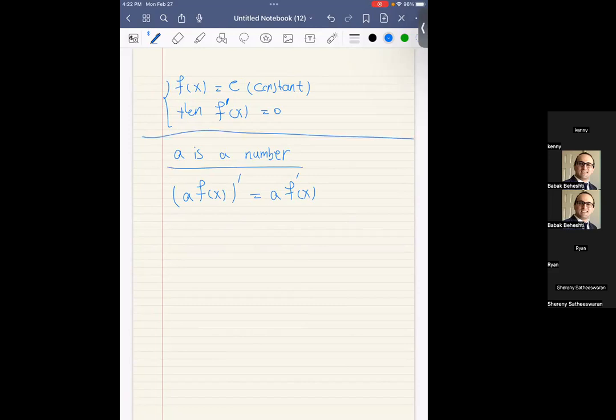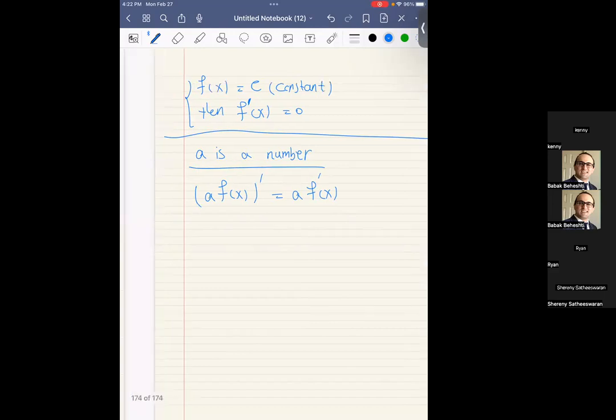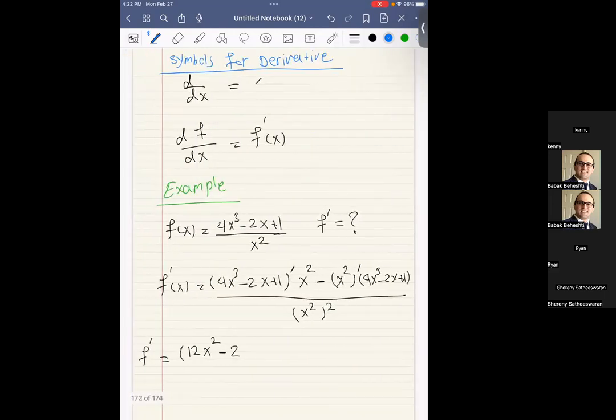Okay? So (a times f) prime is equal to a times f prime. Like here, 4 times x cubed prime is 4 times the derivative of x cubed, which is 3x squared. So you multiply 4 by 3x squared, which is going to be 12x squared.